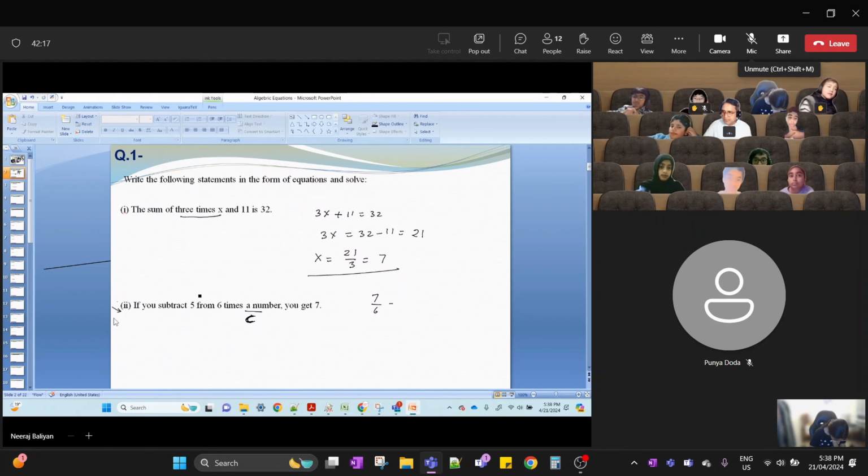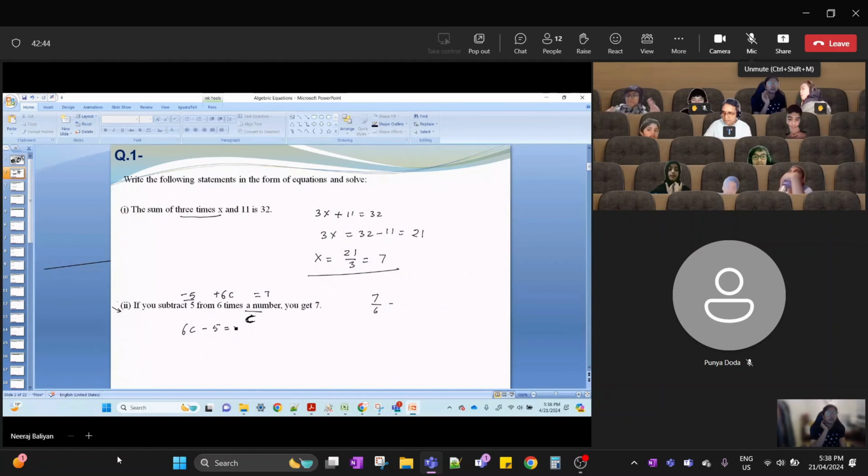If you subtract 5, it means you are doing minus 5, right, from 6 times a number. Let us say that number is C. So from 6C you get 7. It means on the right hand side you have 7. So 6C is positive and you are subtracting 5, so 5 is negative. When you write this, your equation will become 6C minus 5 is equal to 7.